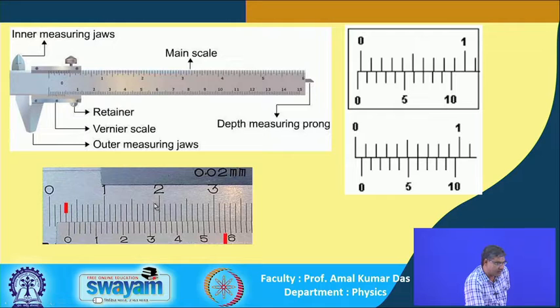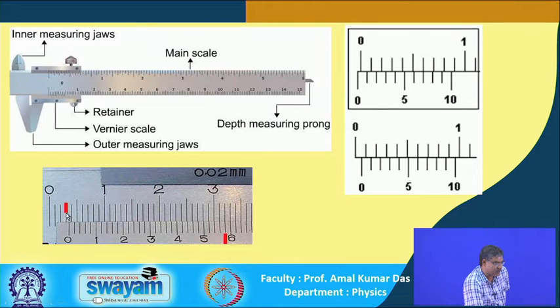Okay. And if we ask you what the reading is in this case, then you have to find out what the main scale reading is. As I told you, the main scale reading is the line just at the left of the 0 of the vernier scale.